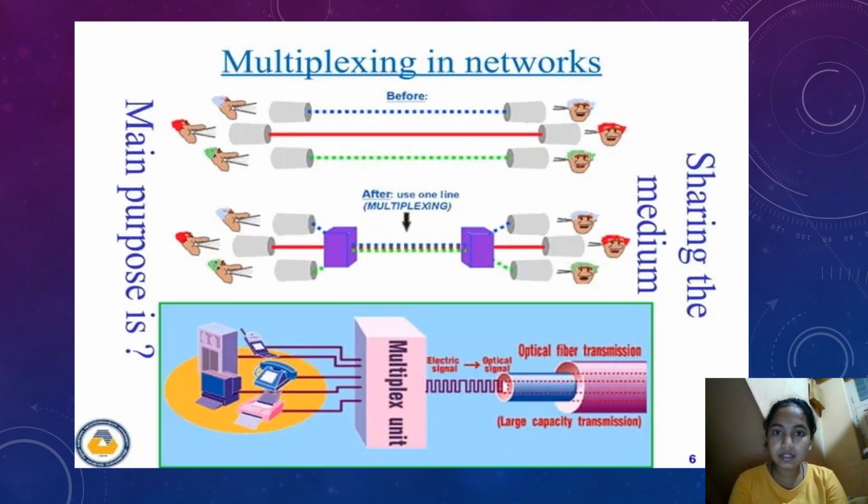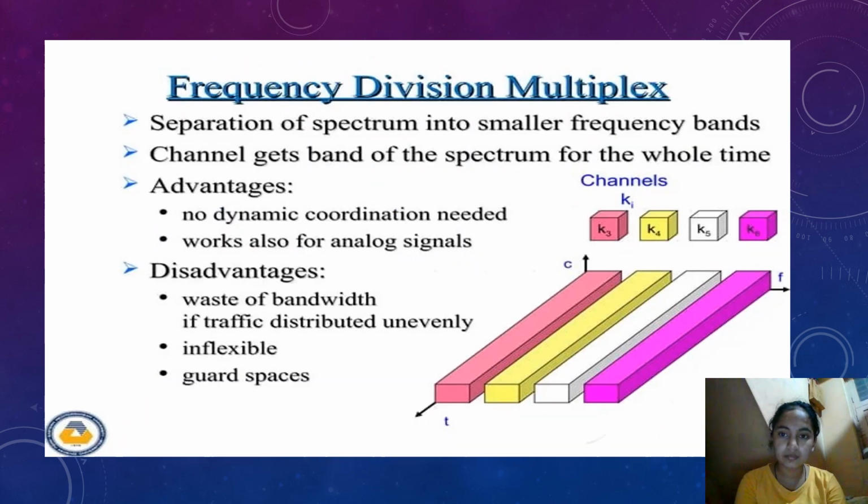Next, multiplexing in networks. The main purpose is sharing the medium. In frequency division multiplexing, the spectrum is separated into smaller frequency bands.